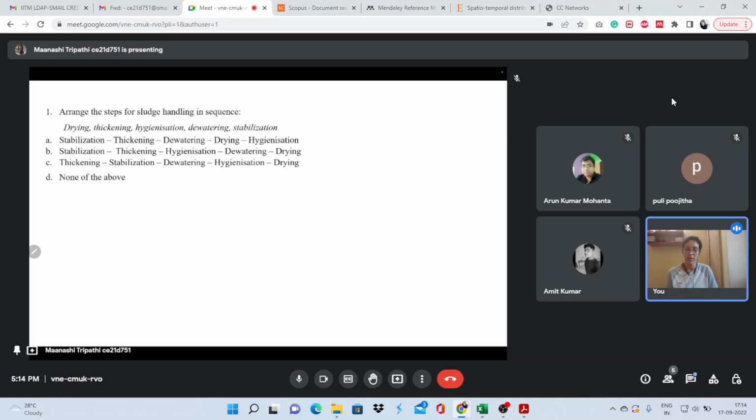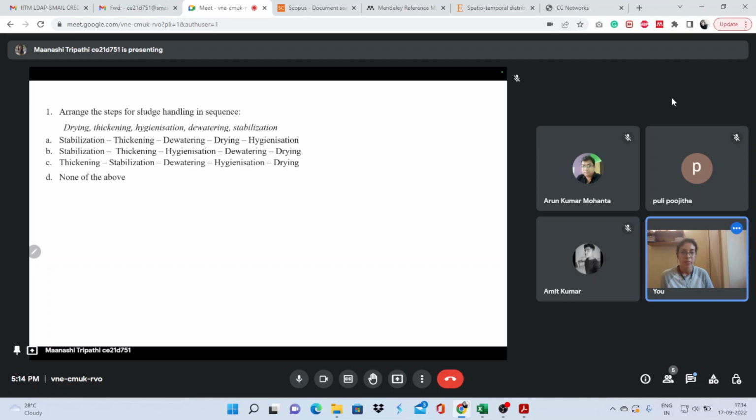The main purpose of doing these things is, first of all, volume reduction, because we don't want excess sludge. We want the volume to be reduced so that transportation cost can be reduced as well as handling is easy. Second, we don't want any pathogens in the sludge, because we humans are handling that sludge.